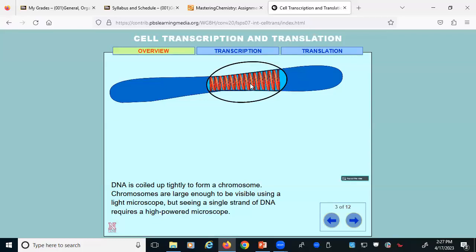Inside of each one of those chromosomes, there is your DNA. It is wound up very, very tightly in this coil. So not only are we seeing the double helix that we've been talking about all this time, we're seeing that this double helix has a lot of winding and winding to make a very compact structure.